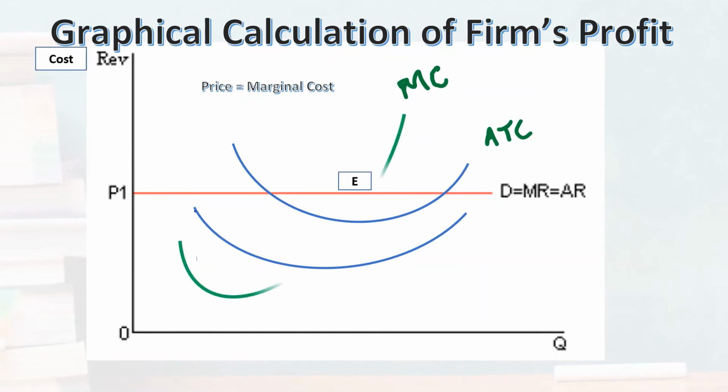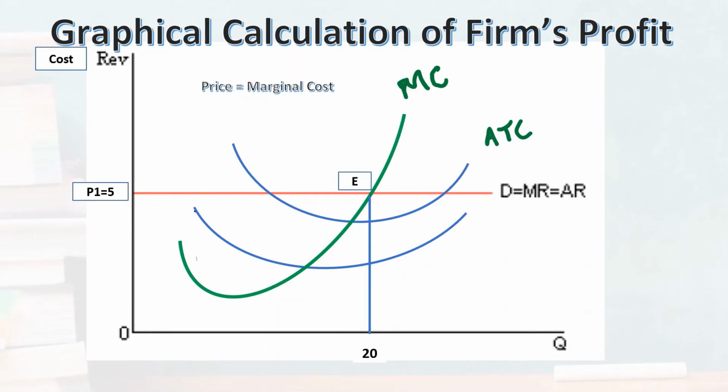Let us now have some practice by using numerical values. The output level, which is determined by equating marginal cost and marginal revenue or price, let us assume is 20. Just for simplification, I am using small values. The price determined in the market is equal to 5.